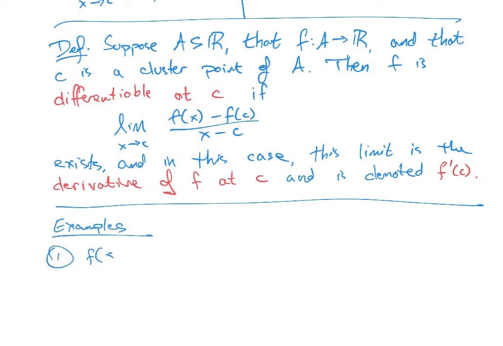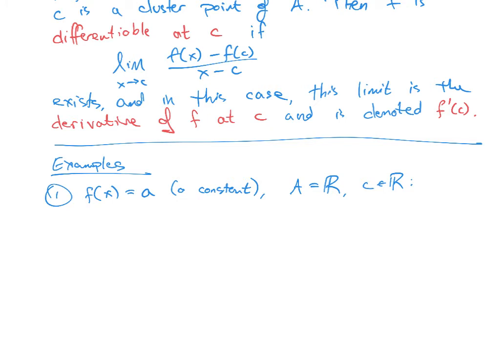Let's let f of x be a constant. Let's let the domain just be all real numbers. And let's let c be anything. Okay, then what do we have? f prime at c is the limit as x goes to c of f of x minus f of c divided by x minus c.